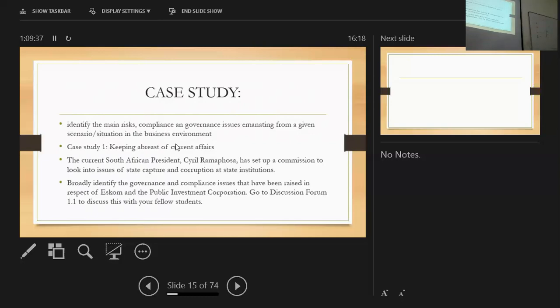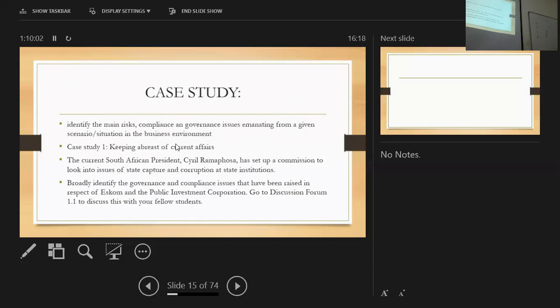Broadly identify the governance and compliance issues that have been raised in respect of ESCOM, right? Not only ESCOM, right? SABC and SAA, SARS, yes. And the Public Investment Corporation.